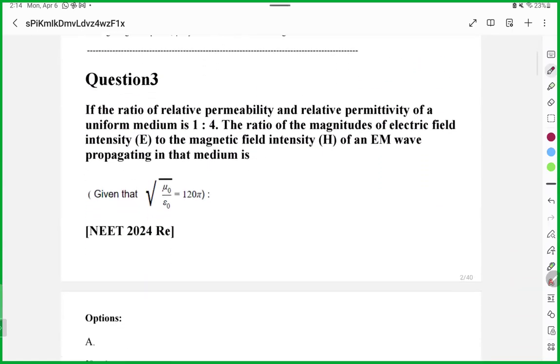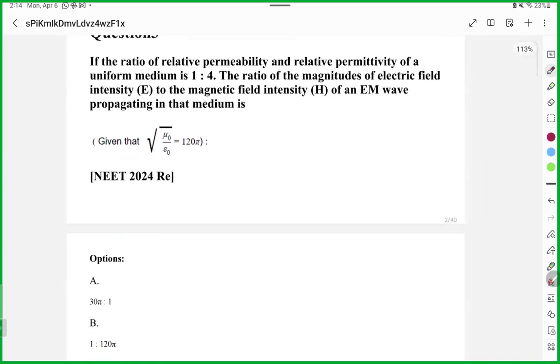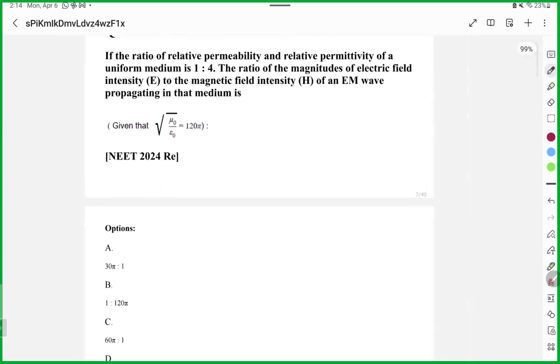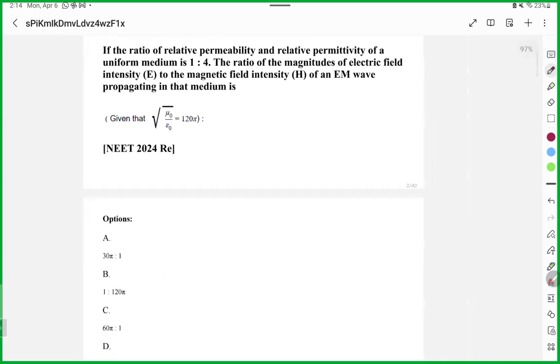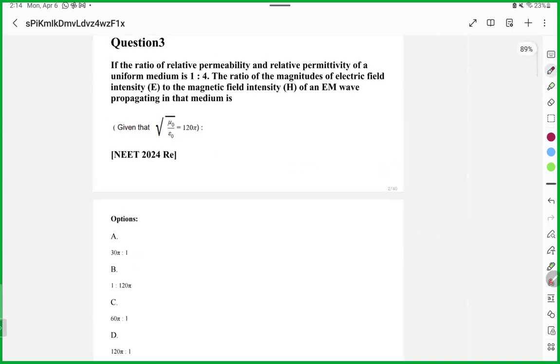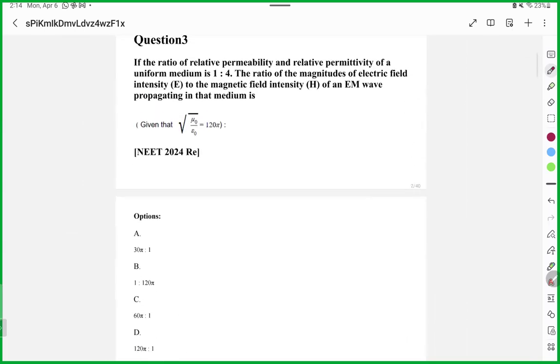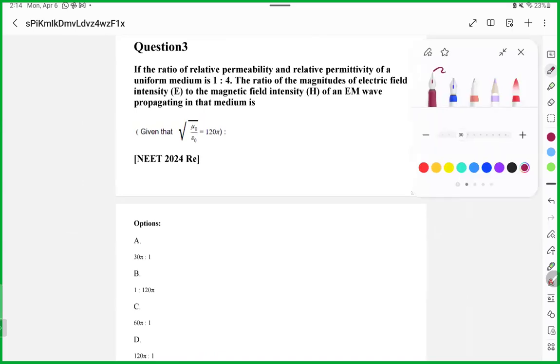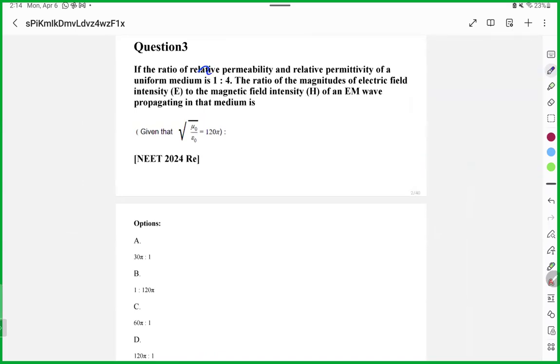Next question, guys. Ratio of relative permeability and relative permittivity.